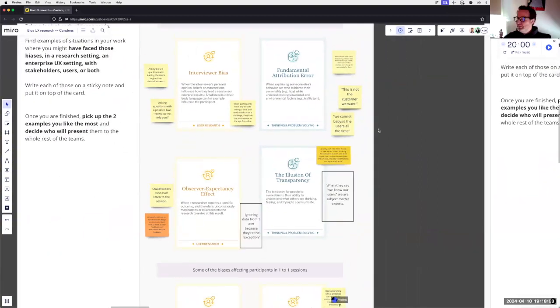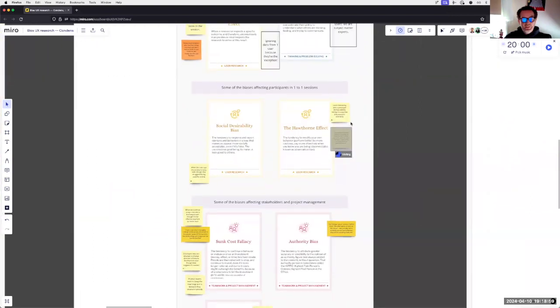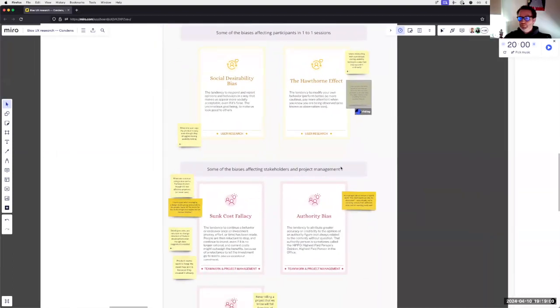Okay. Well, luckily we picked the Hawthorne effect and sunk cost fallacy, which I don't think have been done. So I'm going to talk about Hawthorne, and Mason's going to talk about sunk cost fallacy. The Hawthorne effect is, essentially, people behave differently when they know they're being observed.